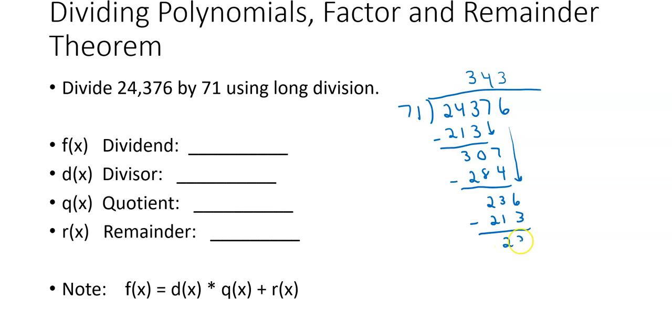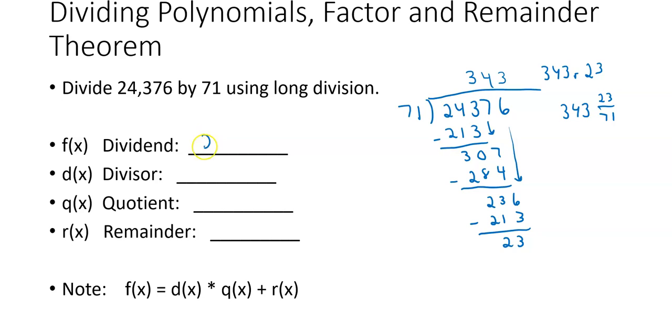If I made a bad choice, I would know because I'd get a number at the bottom that's bigger than 71, and I know, oops. Or I get a negative number, which means I picked a number that was too big. So I have 343 with a remainder of 23, or 343 and 23 left out of 71.